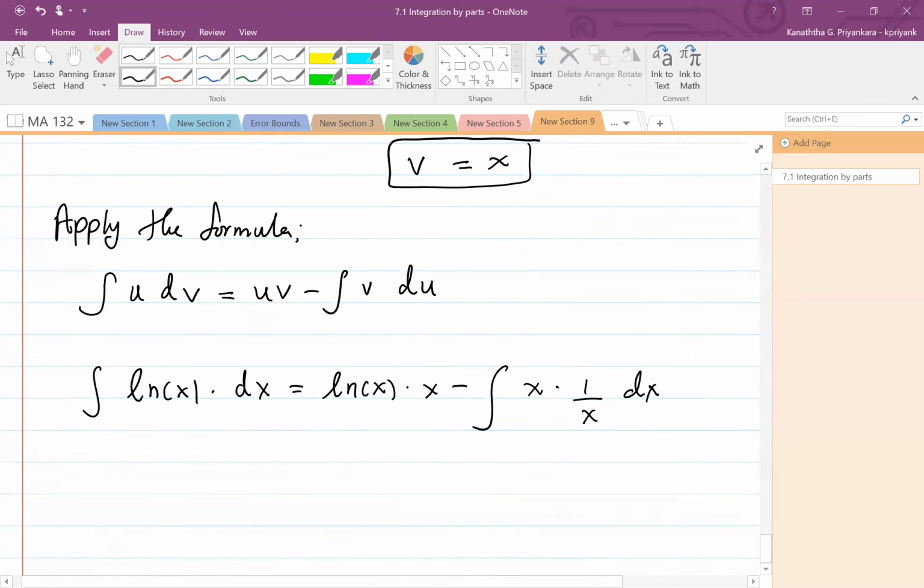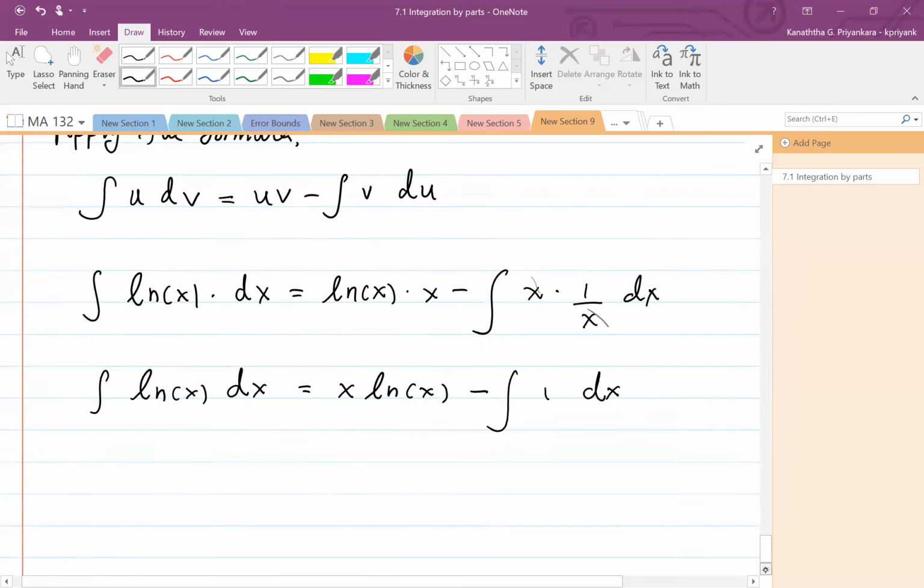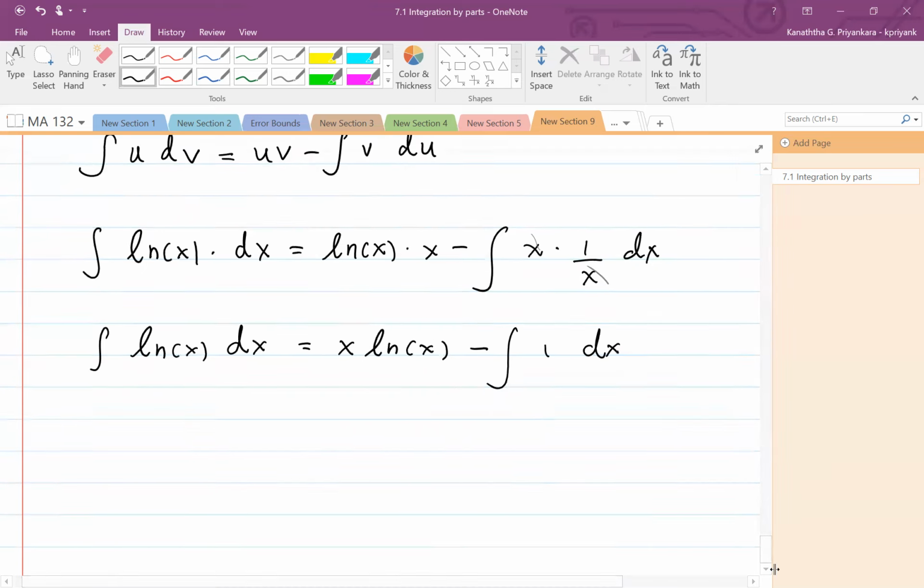Now we can cancel out x. So we get the integral of ln x dx equals x ln x minus the integral of, after canceling out x, 1 dx. Now we know the antiderivative of 1 is x.